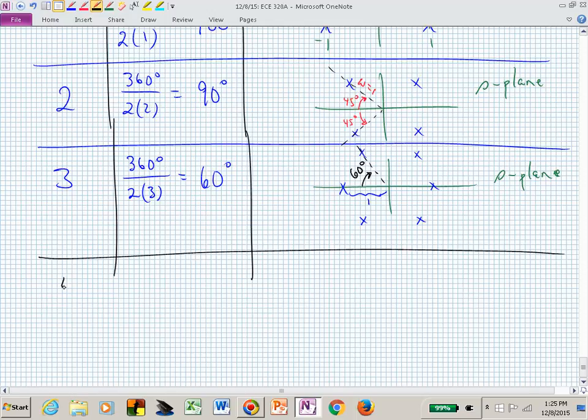Let's do a fourth order. Now how far are they separated? 360 divided by 4 is 90, and I split that, that's 45. So these are now 45 degrees apart.